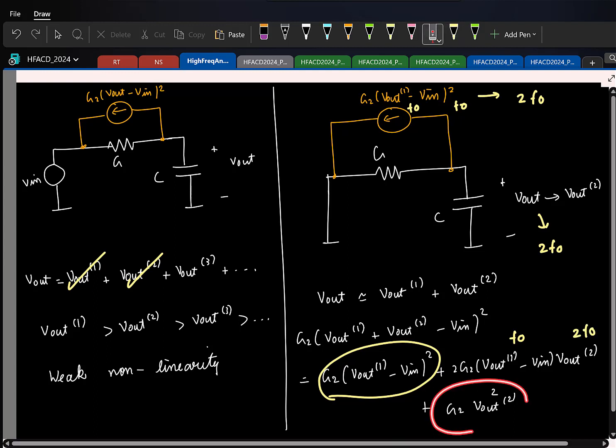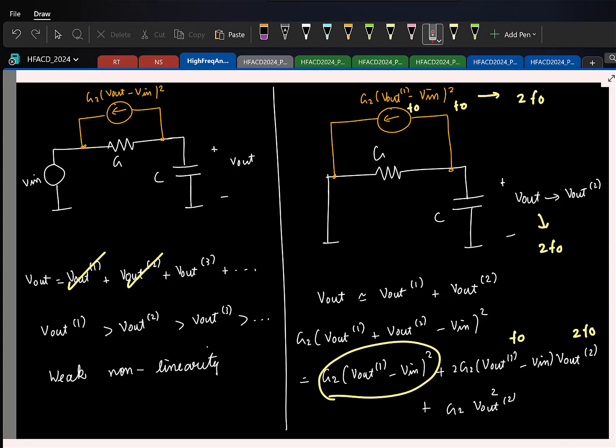Whereas this term will give me the fourth order term. So if you want to find only the third order term, V out 2 only has V out 2, right? The simple thing is to look at the powers. That's why I wrote it like this. So here it's V out 1 times V out 2, that gives V out 3, loosely speaking, right? So I'll only take this as my excitation now.